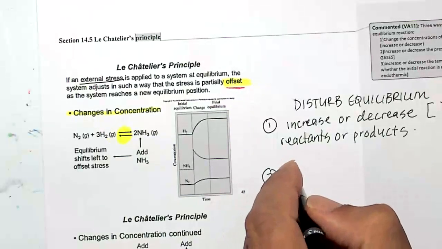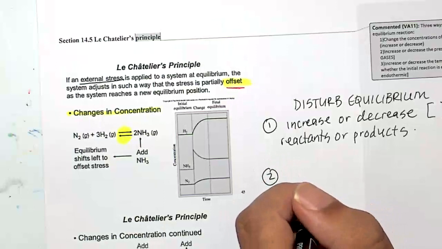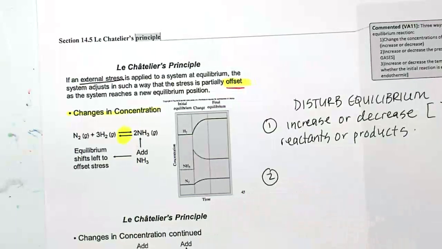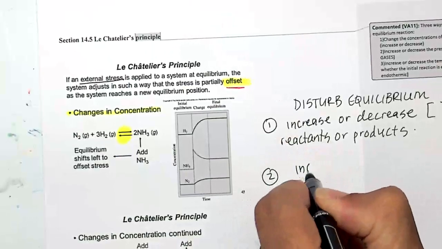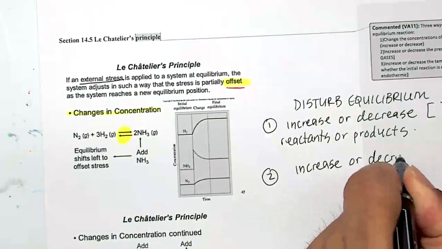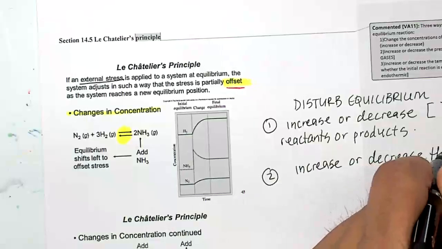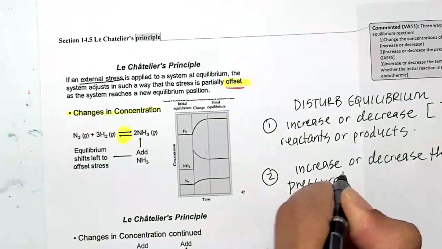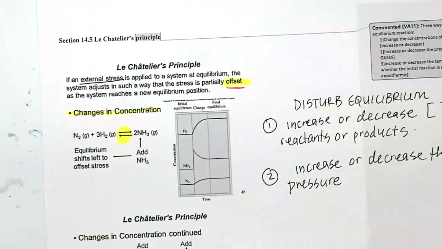A second way to disturb the equilibrium is to increase or decrease the pressure. Okay, this is important when we're talking about gases. So what do we say when we talk about pressure?